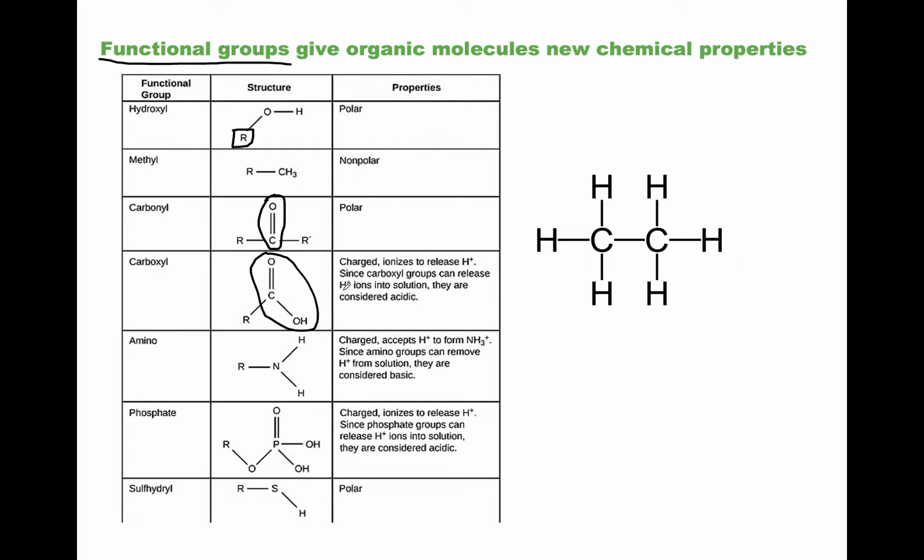So if we replace this hydrogen with a carboxyl group, we have this bond in here, which is going to dissociate the bond between hydrogen and oxygen. So then you end up having actually a negatively charged molecule in here. So this is actually going to look like this.